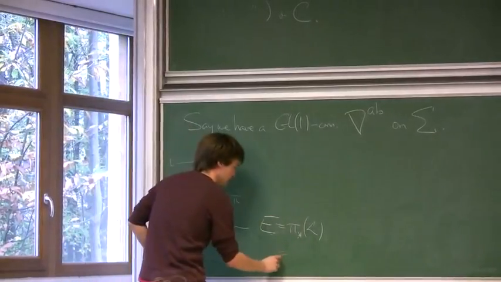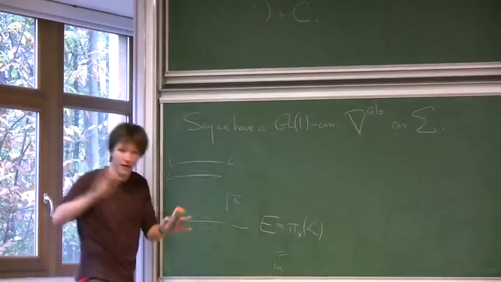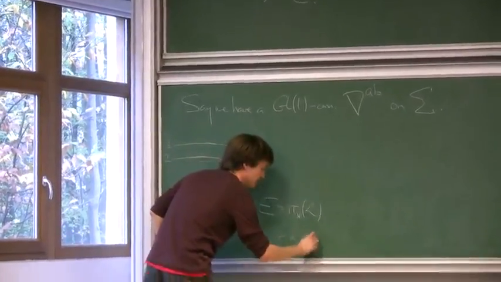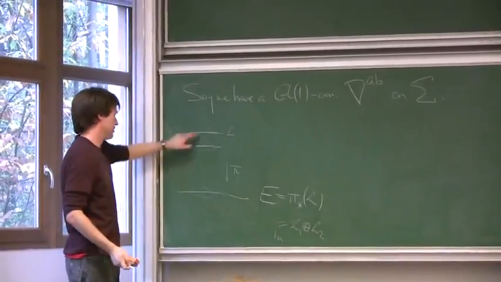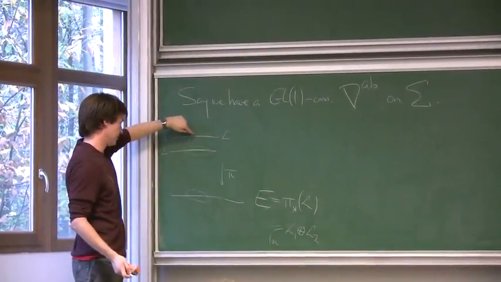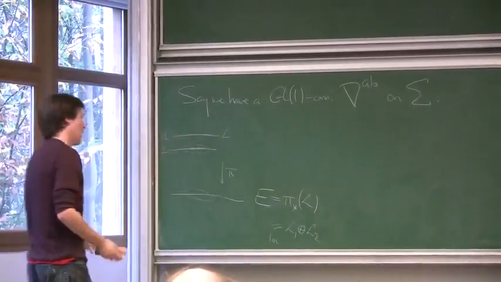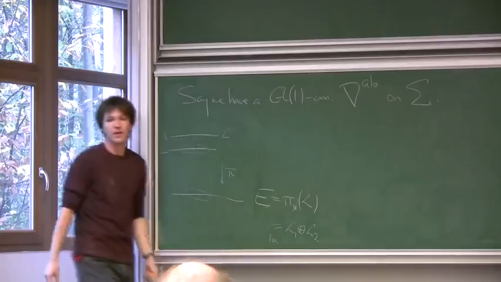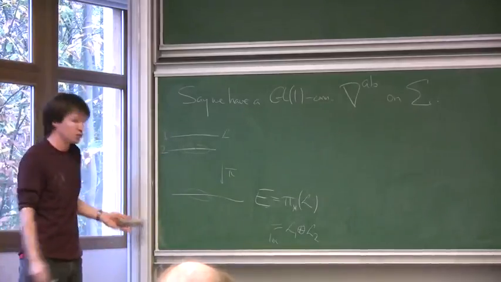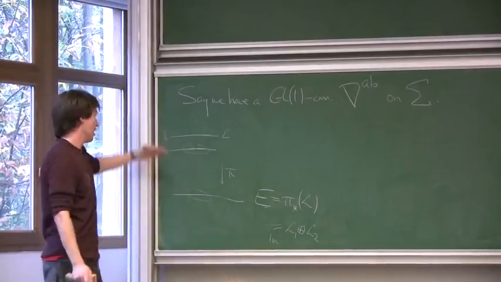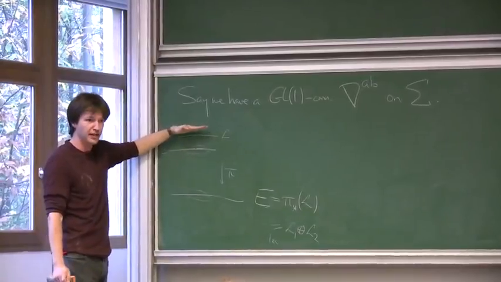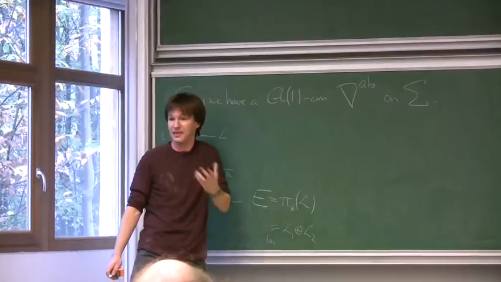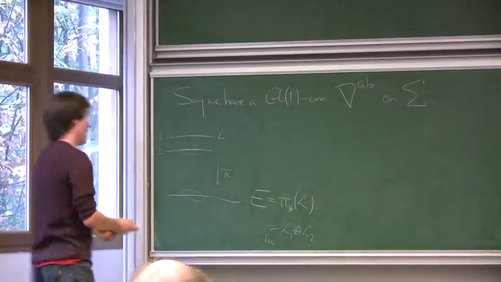So locally, away from the branch points of the covering, it would just be a direct sum of 2 lines, L1 plus L2, namely the fiber of the bundle here and the fiber of the bundle here. But that's an obvious way of constructing a rank 2 bundle. And moreover, of course, it looks good. It looks like it comes with a connection, right? Because after all, I have a connection in the line bundle L. So each of these lines has a connection in it, and so I could just make the diagonal connection, right?